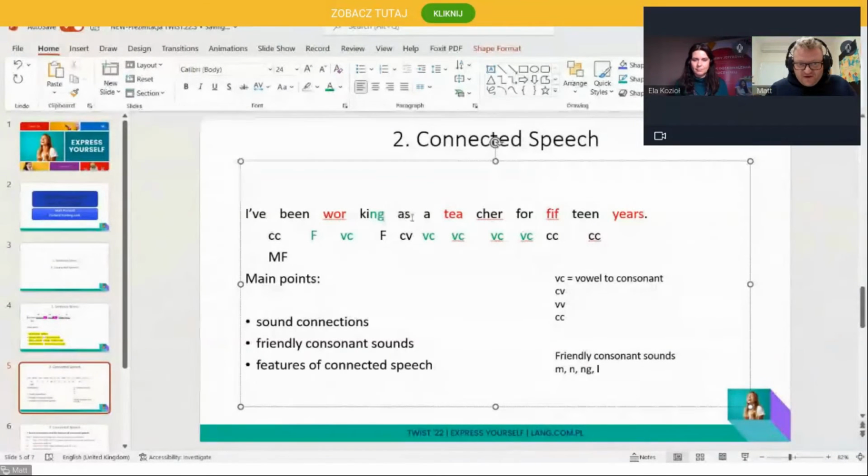If we've got a CV connection, consonant to vowel, we always move forward the consonant to meet the vowel. So working as the, z, as z, a, working as. We get a VC connection from it.